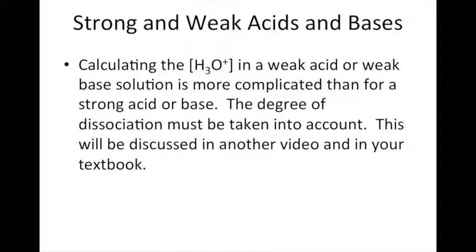Some dissociate 50%, some 1%, some much less than that. So we have to take into account the degree of dissociation when we're calculating the hydronium ion concentration produced by a weak acid or weak base. So we'll discuss that in another video, and of course you want to review that in your text.